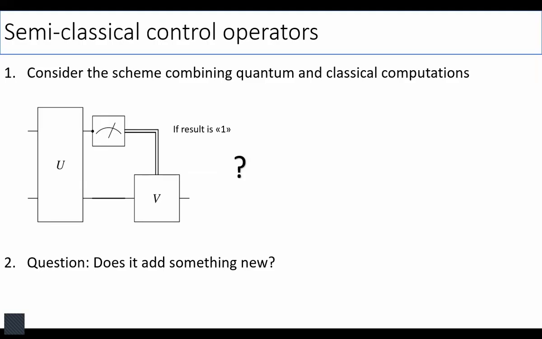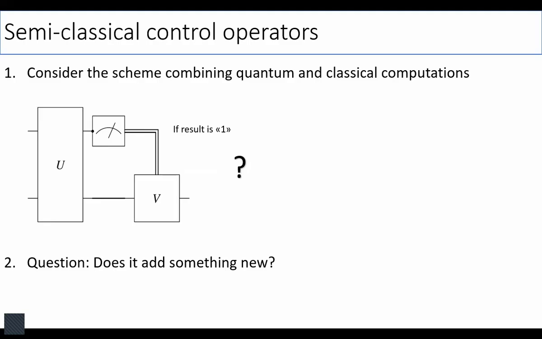Semi-classical control operator. Assume that we have a scheme which is written like this. We have some operator here, to be able to create any state. After this, we do the following. We measure the first qubit. We get in our classical computer a result, 0 or 1.